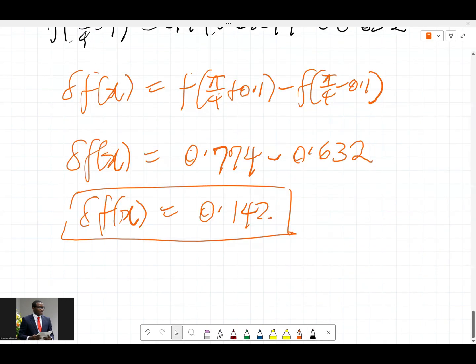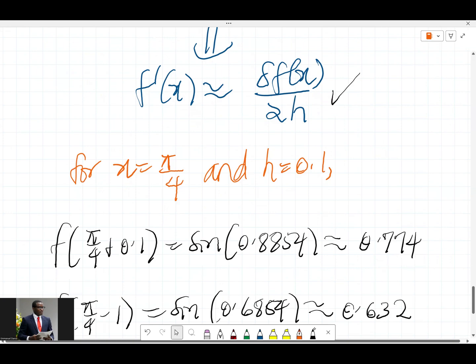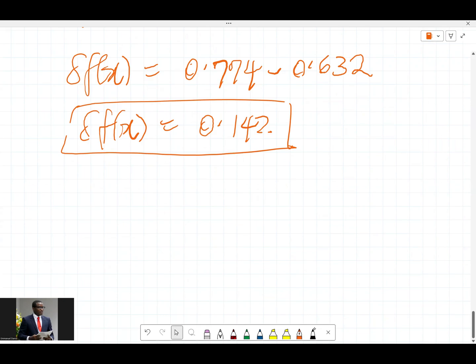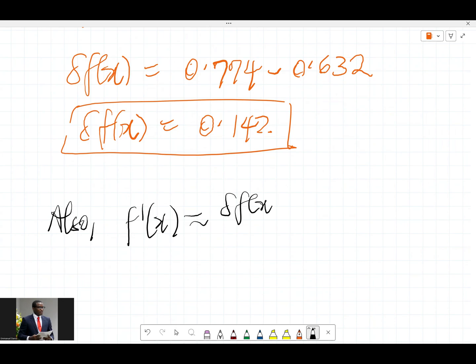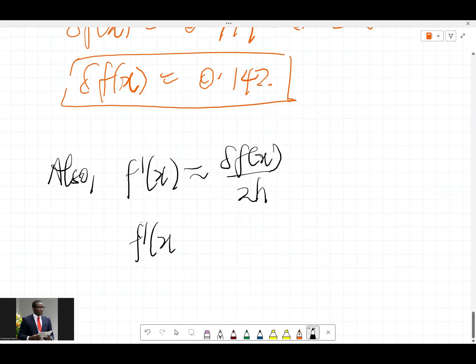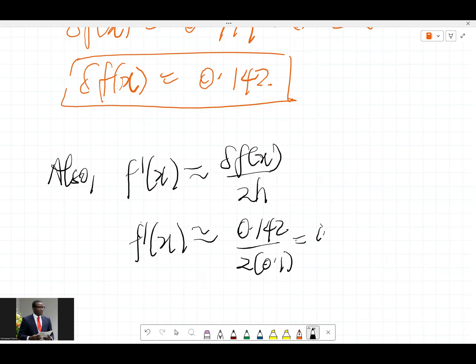Then we can also estimate the derivative. We know that f prime of x is approximately delta f of x over 2h. So f prime of x is approximately the central difference we just got, 0.142, divided by 2 times 0.1, which is 0.142 divided by 0.2.